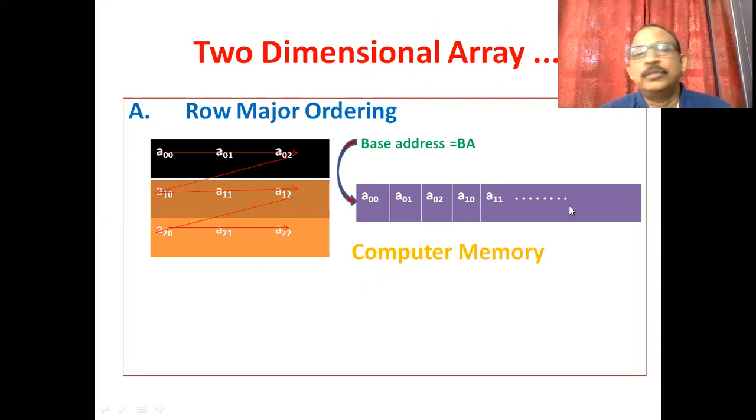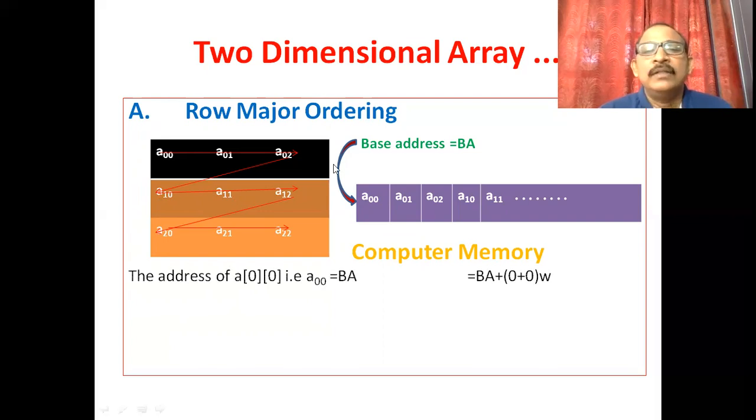Let us start with the row major ordering. Here this is the computer memory. First, all elements of the first row are stored into the computer memory. What are the elements? A00, A01, A02. Next we store all elements of the next row, means A10, A11 and so on.